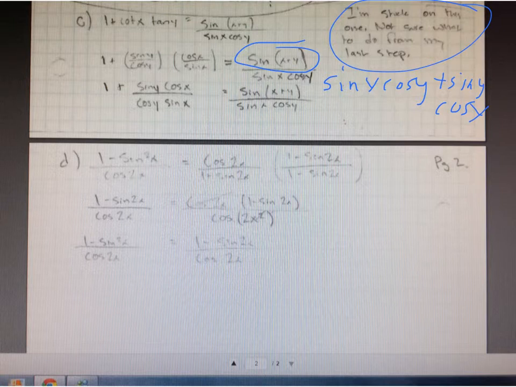The other mistake that you made over here on the left-hand side is that when you're finding your common denominator for these guys, then you need to multiply the numerators by the same thing. So on the top you should have a sine y times sine x times cos y. So here we need to add in the sine x, and here we need to multiply in the cos y also.